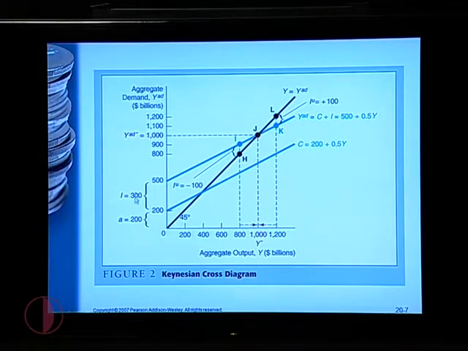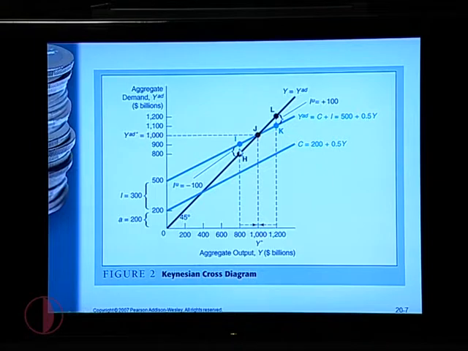When it is increased by 300, it becomes 500. That's why aggregate demand equals C plus I, which equals 500 plus 0.5, the marginal propensity to consume of disposable income.